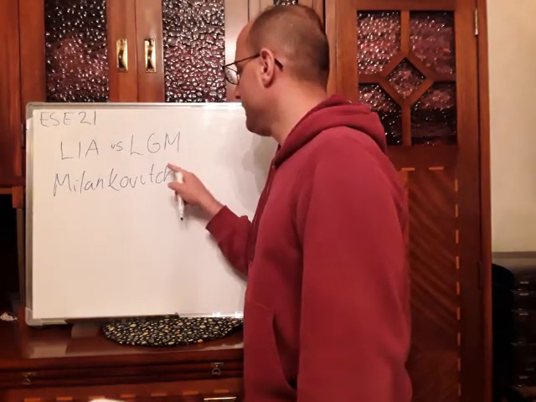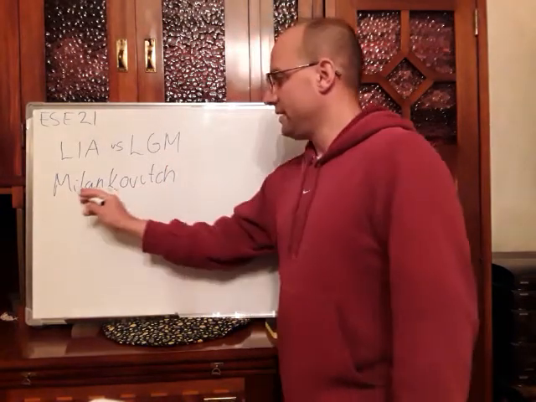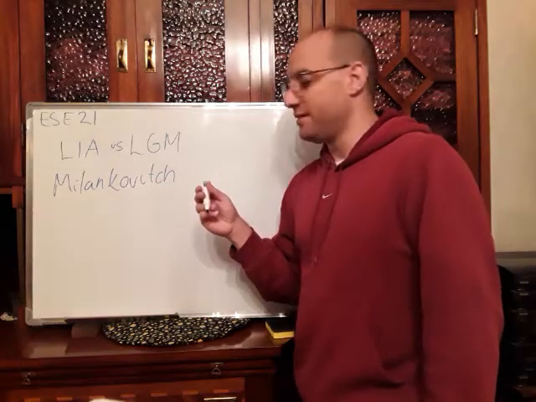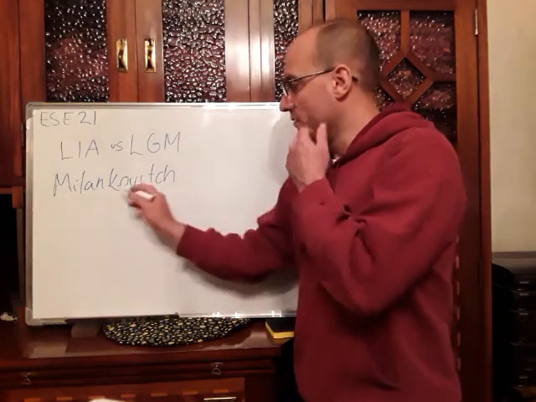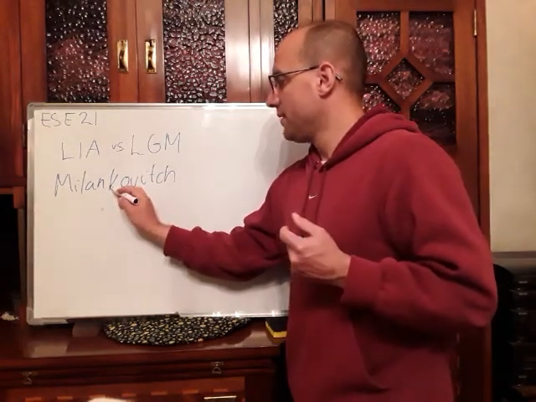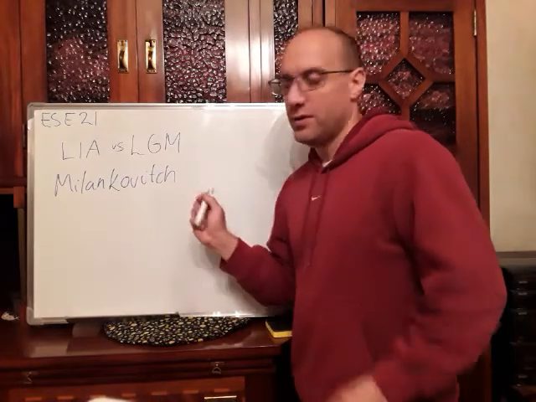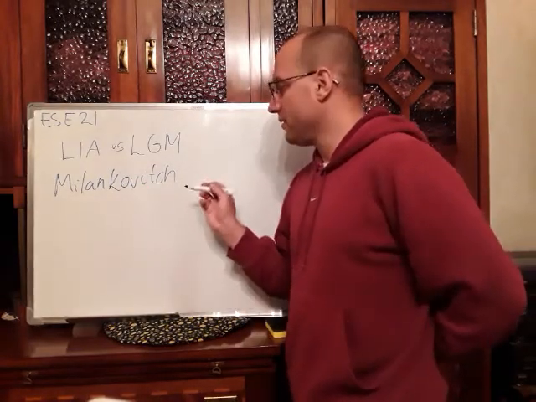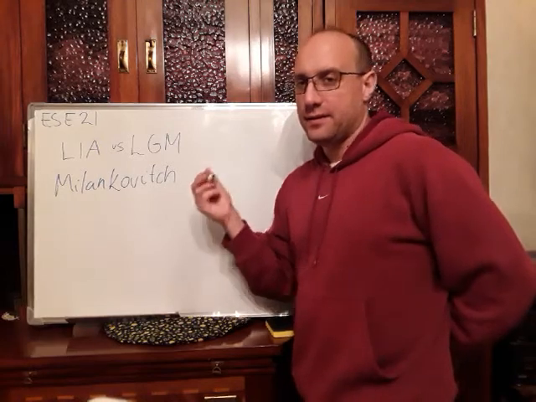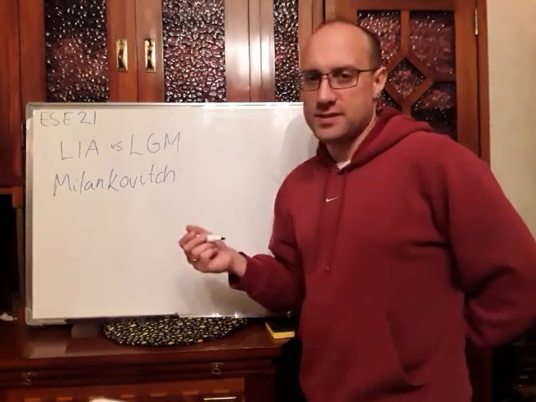And Milankovic, we said Milutin Milankovic was a Serbian geophysicist, and he was working on the theory of why we had climate changes and glaciations in the past.